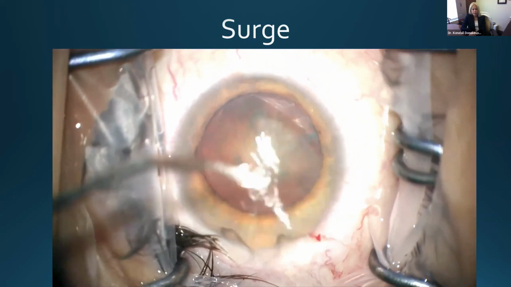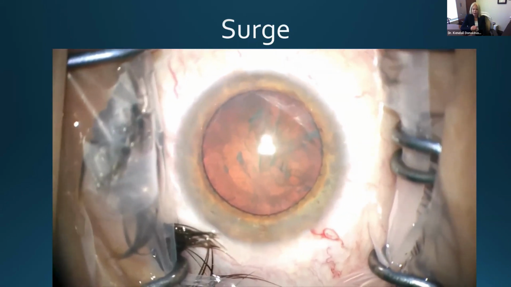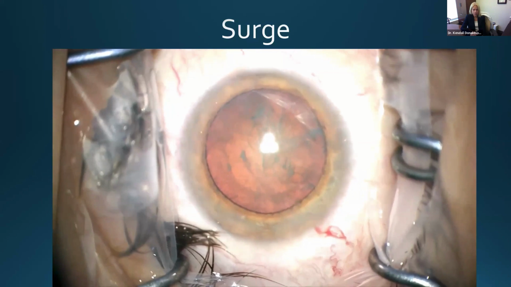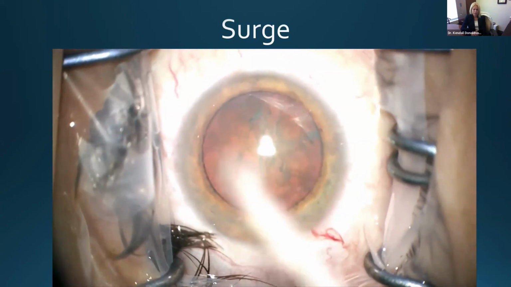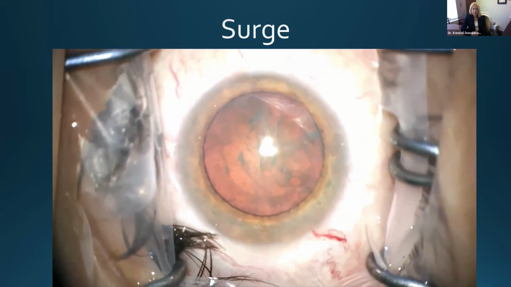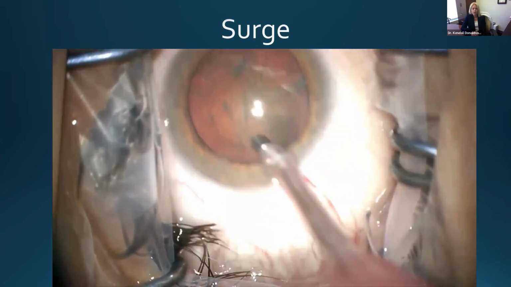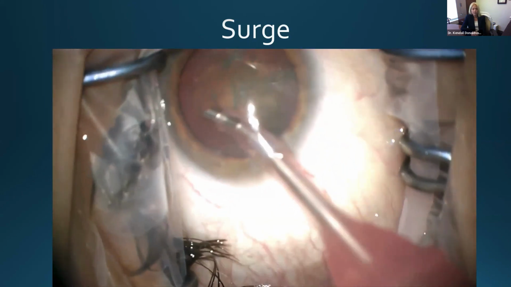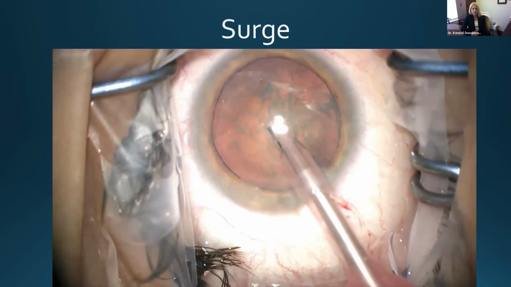So we have to remember every step in cataract surgery is dependent on the preceding step. Having that perfect wound, making sure that you're even comfortable sitting there the whole time. It took me a while in practice to understand that my comfort and my positioning, making sure that I was going to be comfortable, really made the whole surgery better for me. So every step is really dependent on the preceding step. So we'll see here.